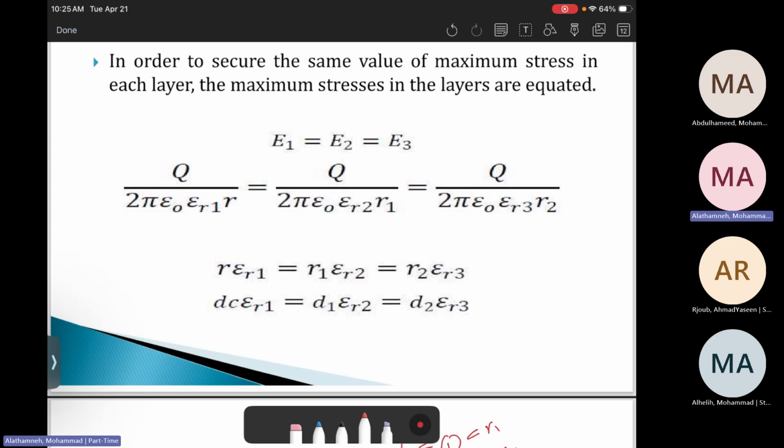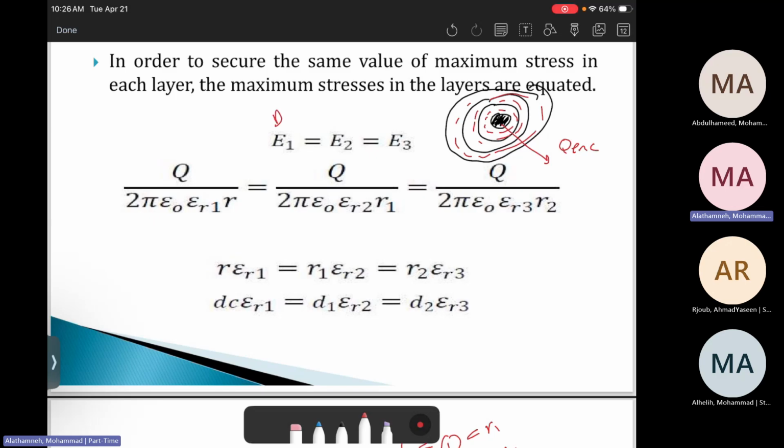Then according to Coulomb's law, we can say E equals Q divided by 2 pi epsilon naught epsilon r1 times r1. We can say this is the same for electric field 2 and electric field 3. And Q is actually Q enclosed, because even though we have 3 layers, once we do the integral here, or here, or here, Q remains the same, Q enclosed.